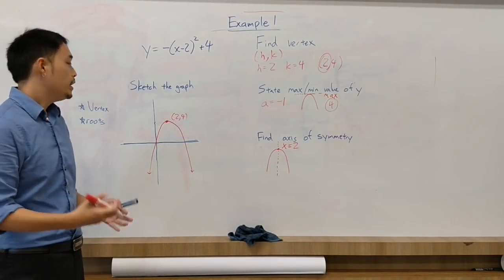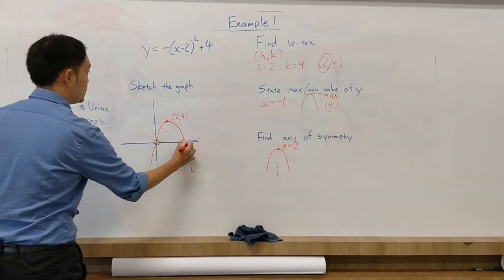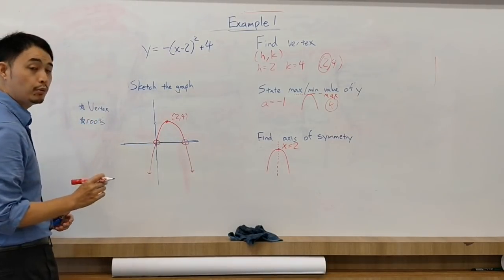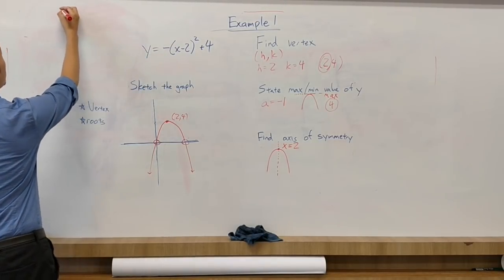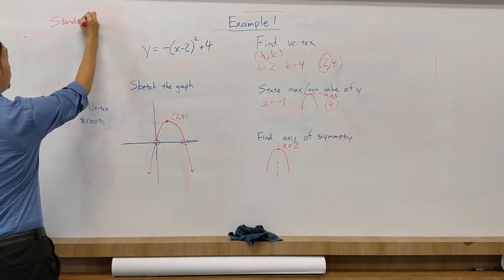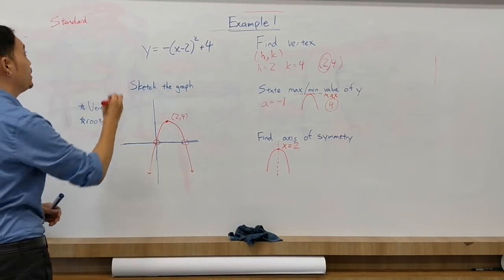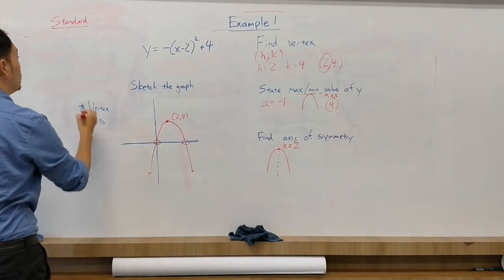Now, if we wanted to find the roots of this graph, what we would want to do is convert our equation into standard form. So convert it into standard form first, and then once we are in standard form, we can factorize. So let's convert this guy into standard form.